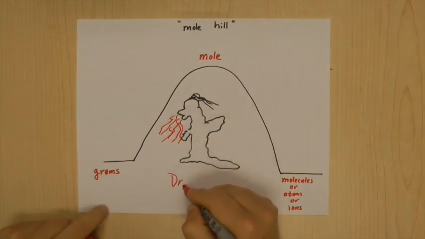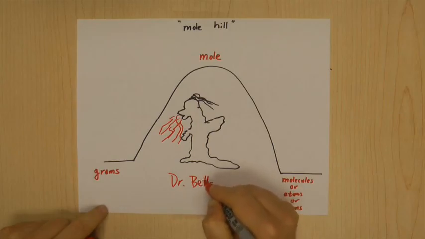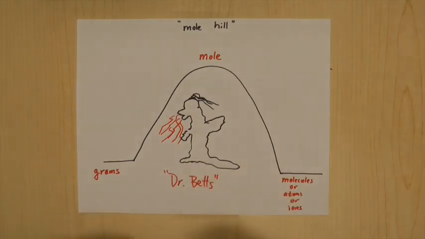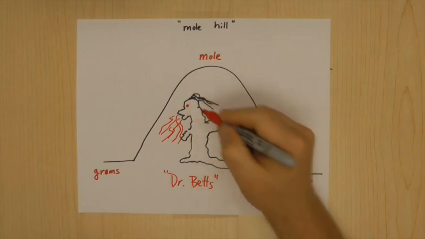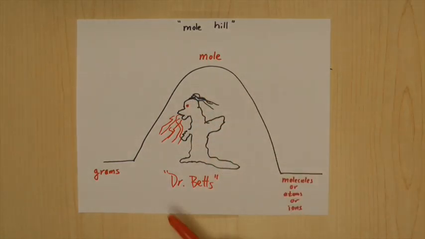This is Dr. Betts right here. In dragon form. He will eat you alive, burn you and eat you if you try to pass through here without going over the molehill.